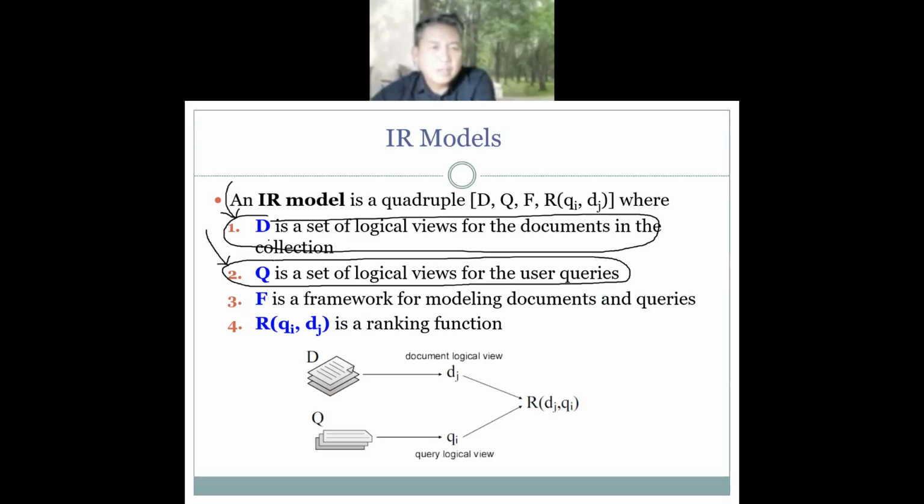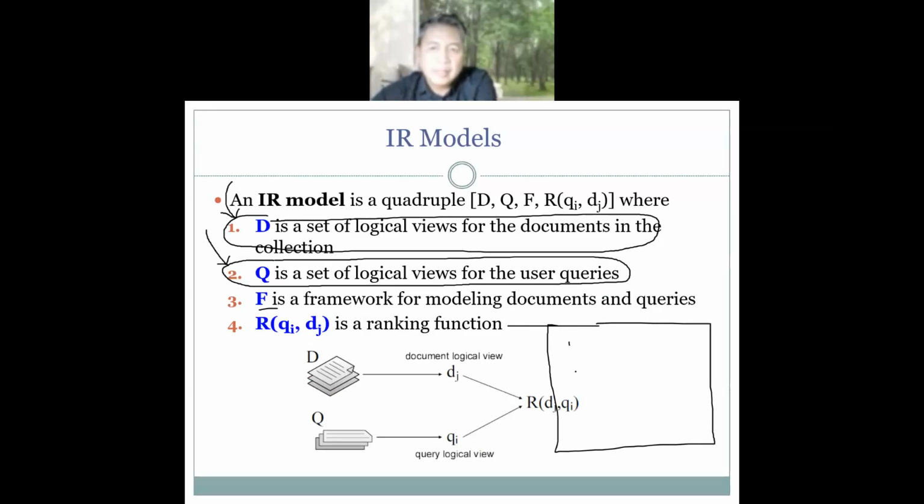And for us to measure the ranking, for us to use the ranking function, we have to have a framework. The framework is used to present the representation of the document and also the query. So we must have a platform, or what we call a framework.